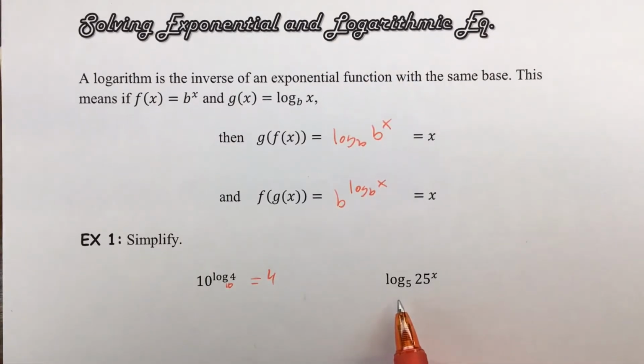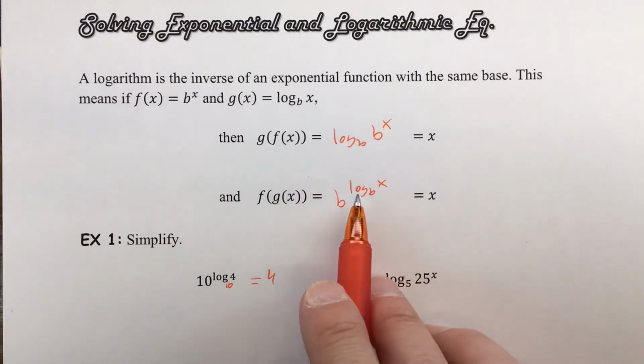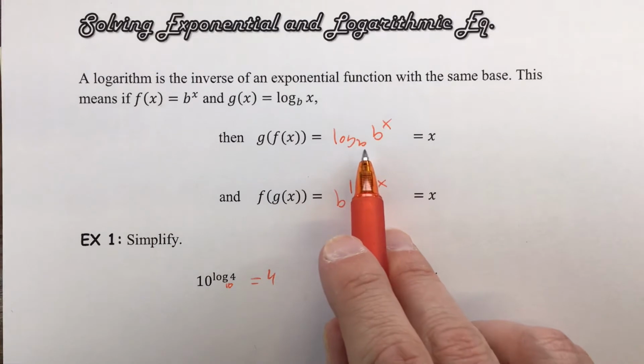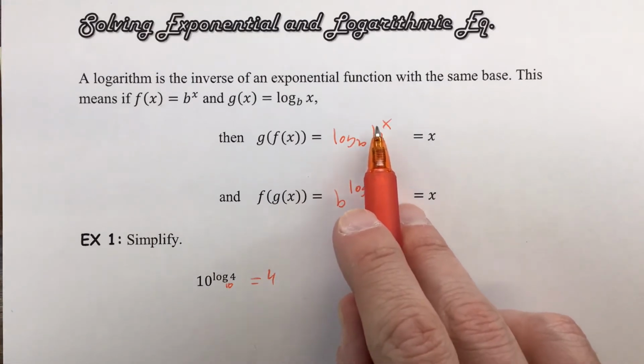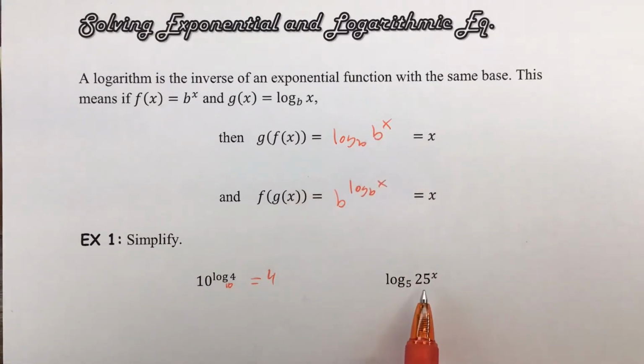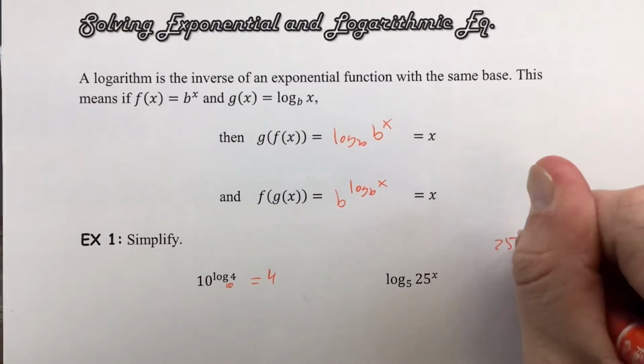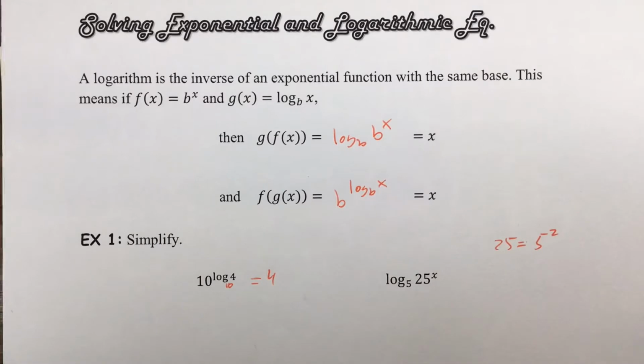All right, for the second, we have log base 5 of 25 to the x power. Now this does not quite fit the structures that we see here, but it best starts to match this one here. We've got log base 5. What we don't actually have, though, is a 5 right there. We actually have a 25. However, 25 is just equal to 5 squared.